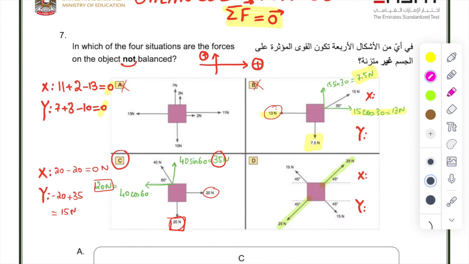Also, a 15 Newton force at 45 degrees below the horizontal, and another 15 along the same line of action but in the opposite direction. So clearly it is a balanced forces case with forces canceling out each other along the same lines of action in opposite directions. So the correct answer is option C.